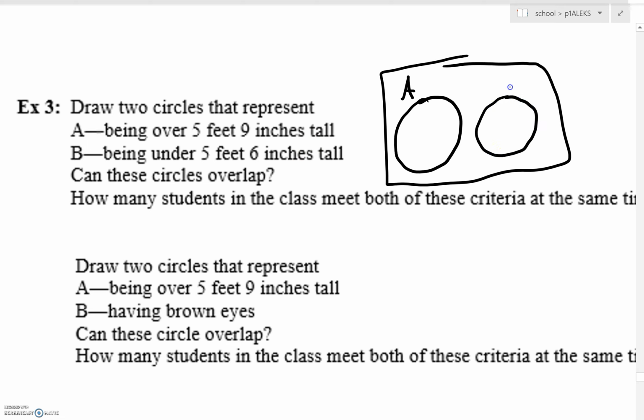I hope it's clear that you can see there's no way someone could be both. No one could say, yes, I'm taller than 5'9", and I'm also under 5'6". So this is what we call mutually exclusive. The probabilities of being in both would actually be 0.